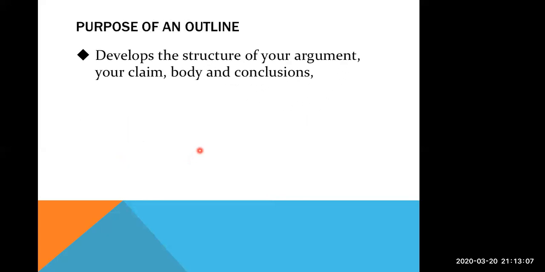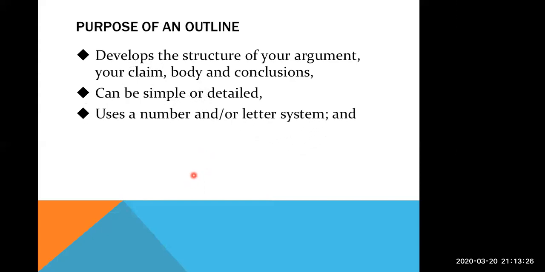One of the questions that could be raised, what is the purpose of an outline? Basically, it develops the structure of your argument, your claim, body, and conclusion. So it's just like a roadmap to the reader. It can be simple or detailed, depending on the topic in question.